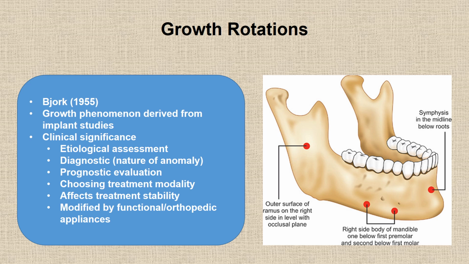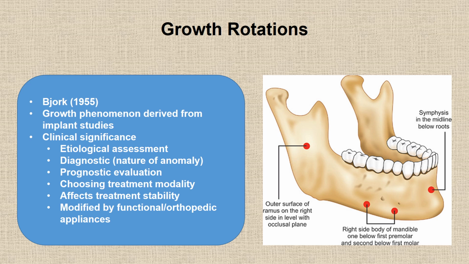Now, let's have a look at the concept of growth rotations. Growth rotations were derived from the implant studies done by Bjork in 1955. The clinical significance of these growth rotations is that they allow an etiological assessment.